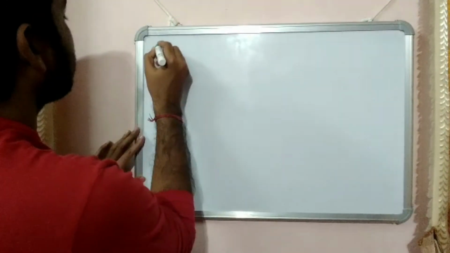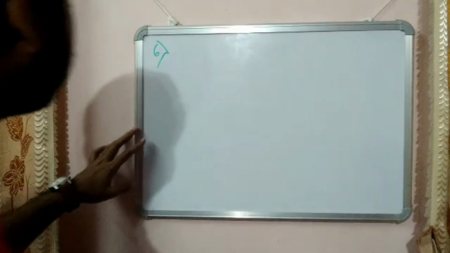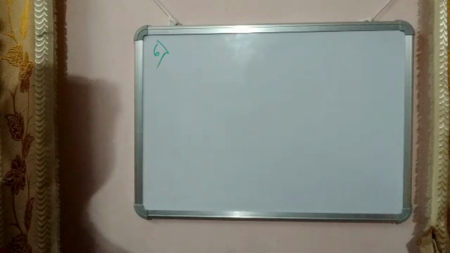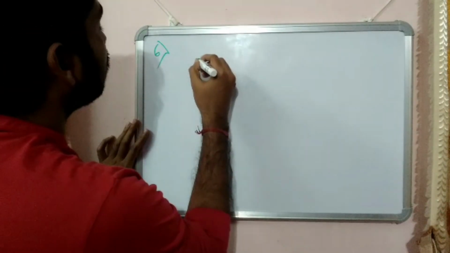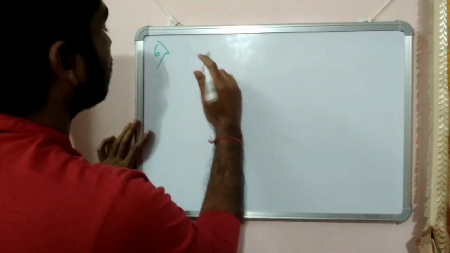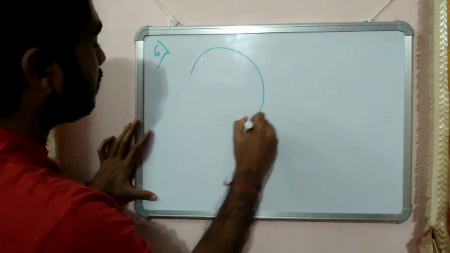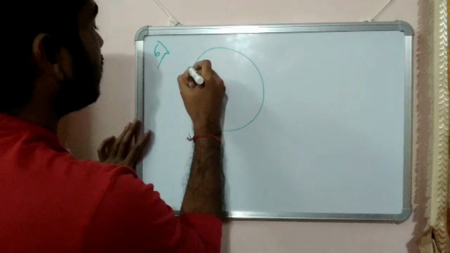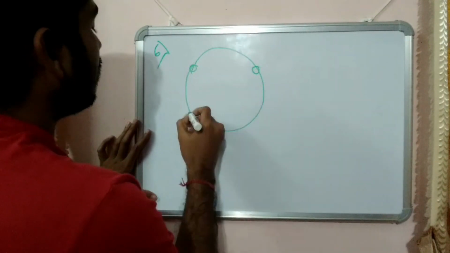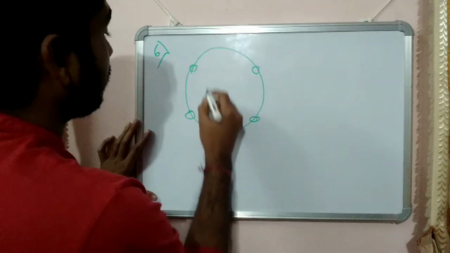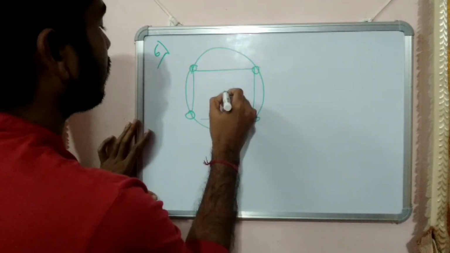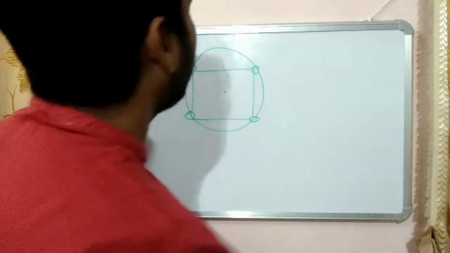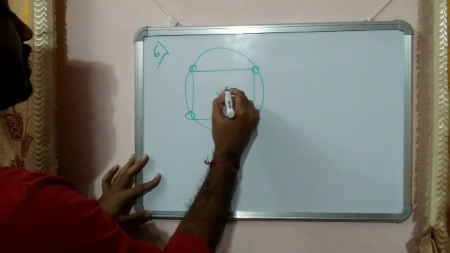And question number 6 has 4 charges on a circle such that the 4 charges make a square. So what will be the potential at the center of the square?